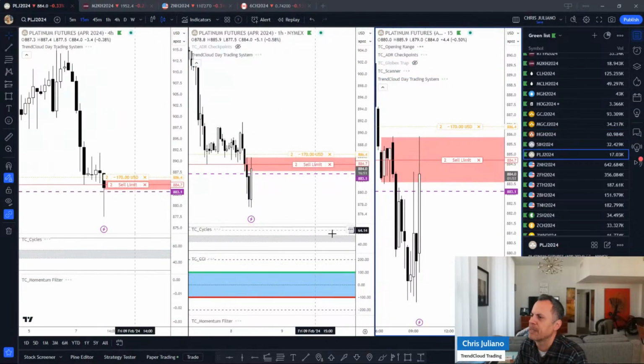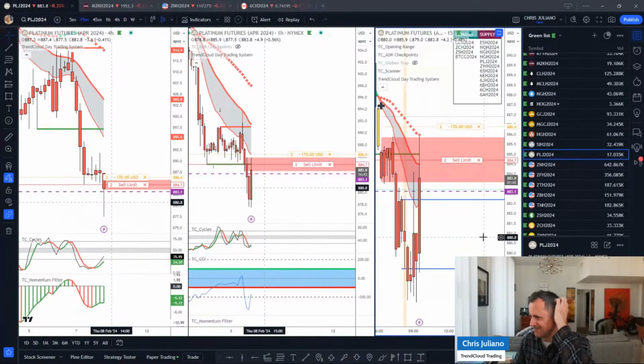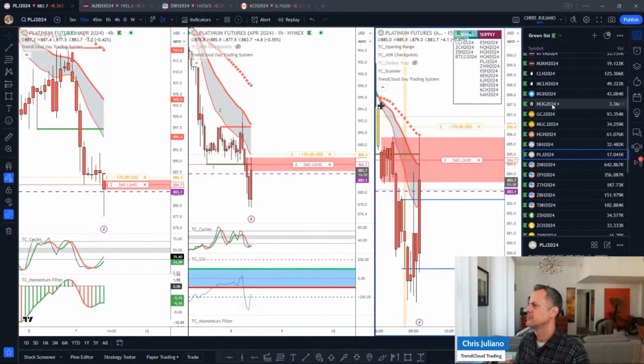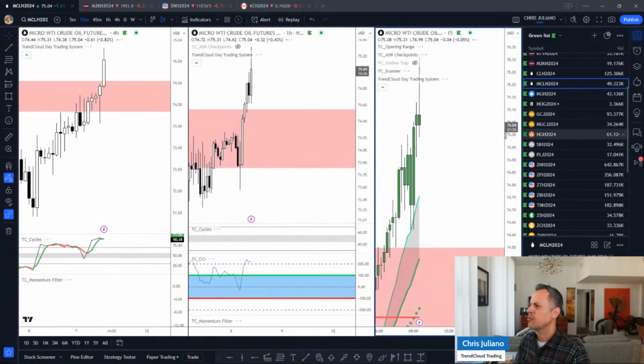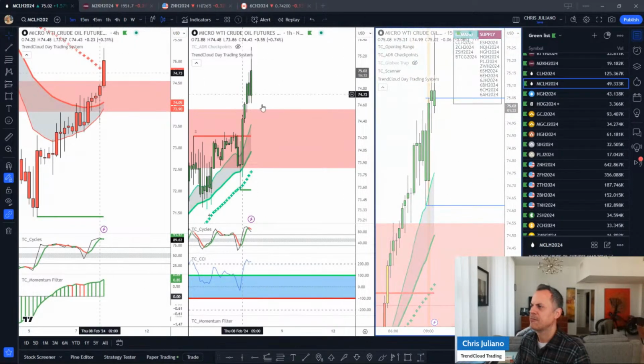Platinum. Let's see if we can make platinum happen. Oh, I can't believe it. Crude oil has been established now. Drop down to the 5-minute chart.